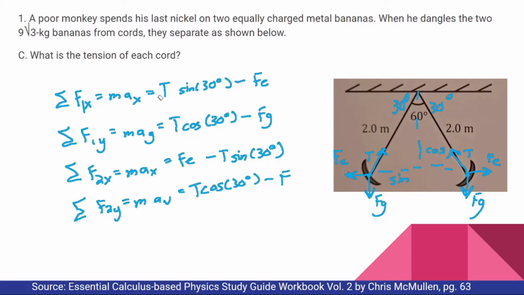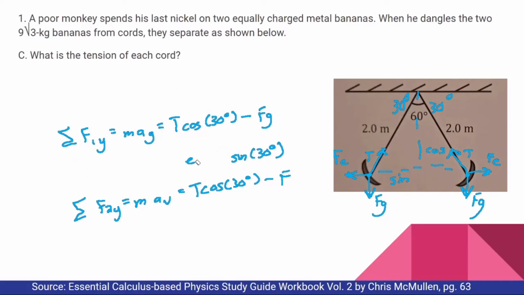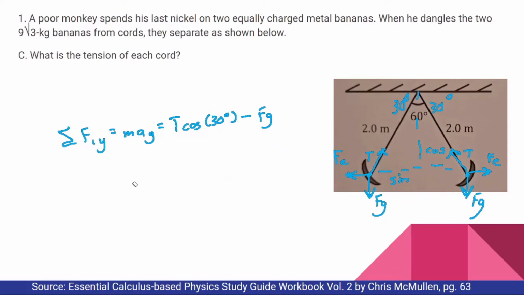For example, if we were to look at our left vertical sums, we have the sum of the forces is equal to the mass times the vertical acceleration, which is equal to tension times the cosine of 30 minus force of gravity.